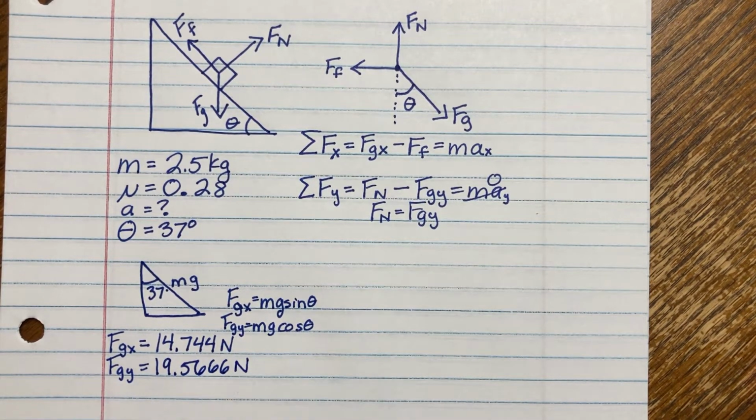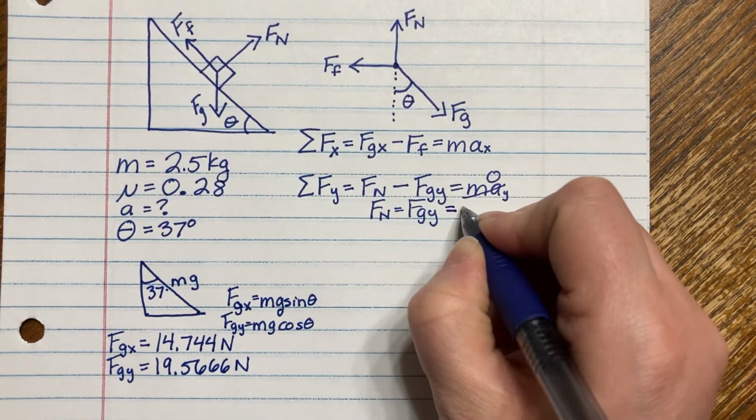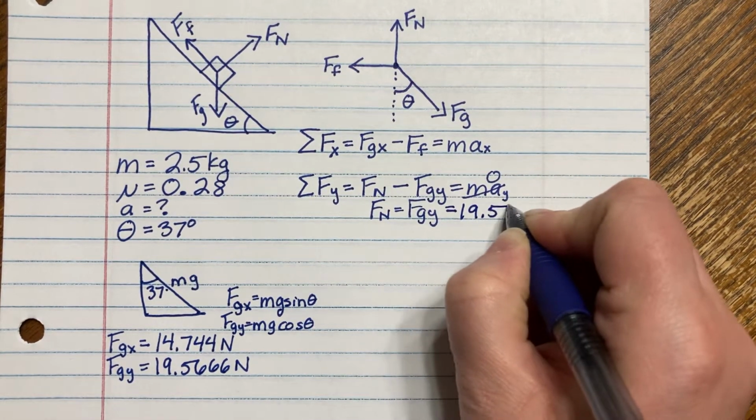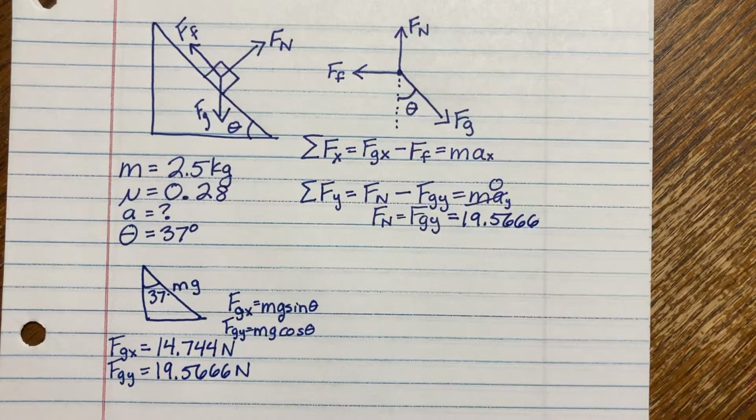Okay, now notice I wrote a lot of digits here. That's because there's several steps to this process, and so we don't want to round till the very end. Okay, now I found FGY, which means my normal force is equal to 19.5666. Okay, so that's going to be important in a minute.